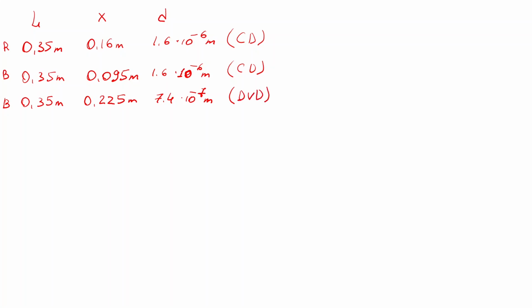So now we have our experimental results. If we use the equation which we derived previously for determining the unknown wavelengths of red and blue light, where d is the period of the diffraction grating, times x, divided by the square root of L squared plus x squared.